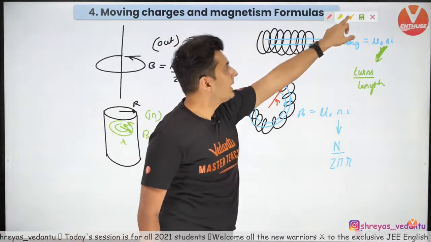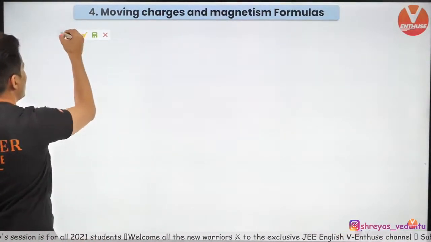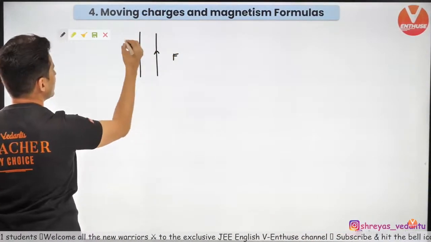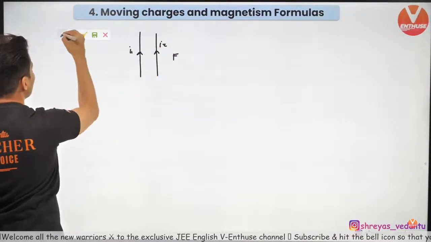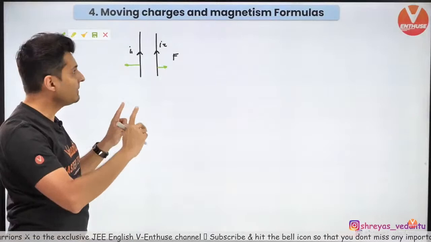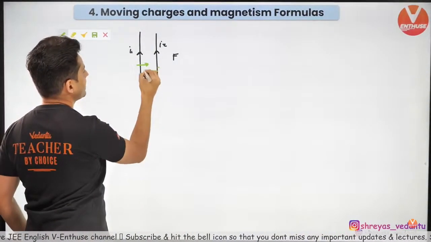Fair enough. Next thing that you need to remember is the force between the wires. So if you have two wires which carry current, this is I1, this is I2, then there will be some force between them. Now if they are in the same direction, they will not repel, in fact they will attract each other.